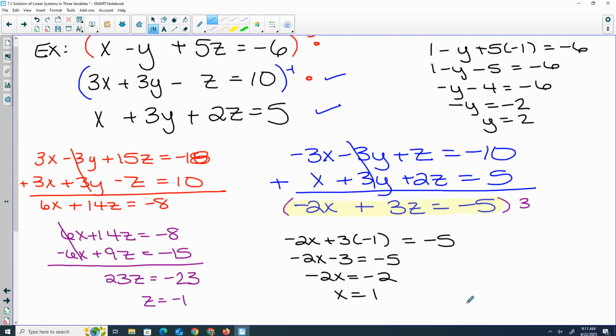And get y to be 2. X, y, z. And again, you can check them, you just have to put them back into all the originals and make sure it works.